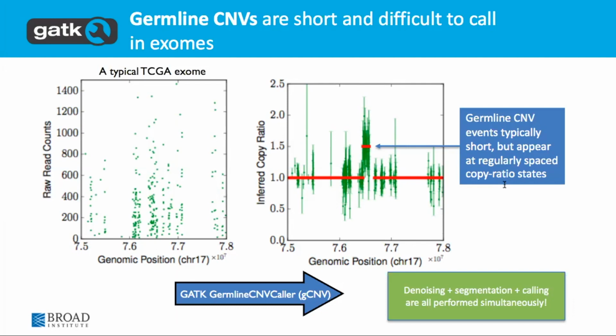However, here our model needs to know about those two things simultaneously to be able to pick out these small events. So we have a really fancy model for doing germline analysis. Welcome to try it out. We have a tutorial about it online as well.